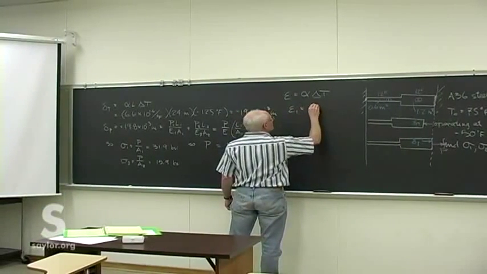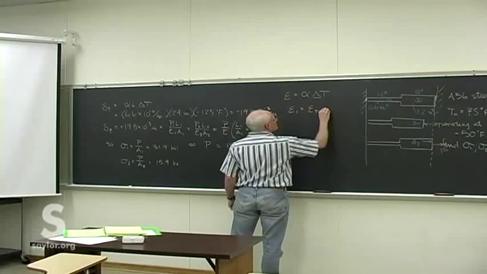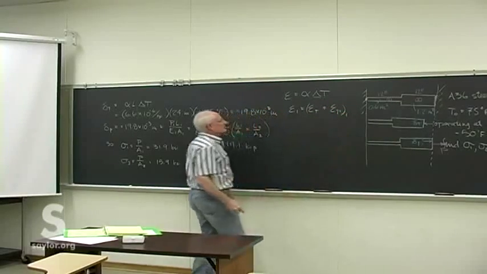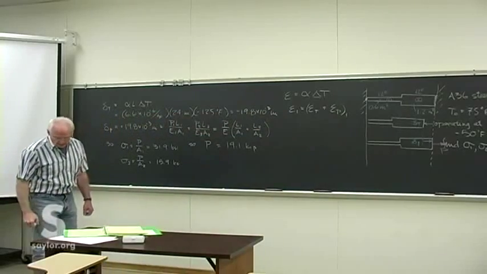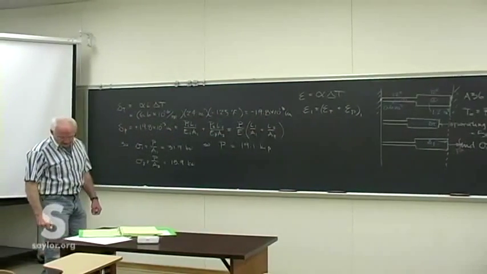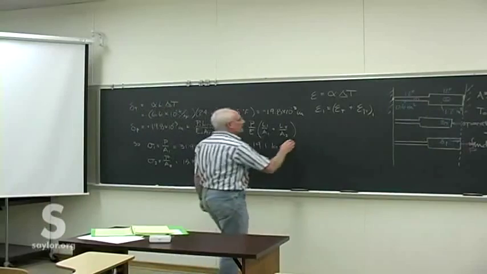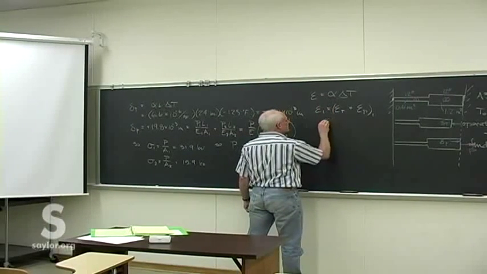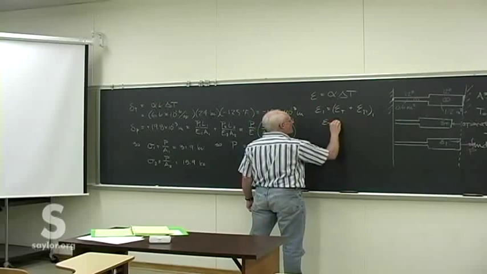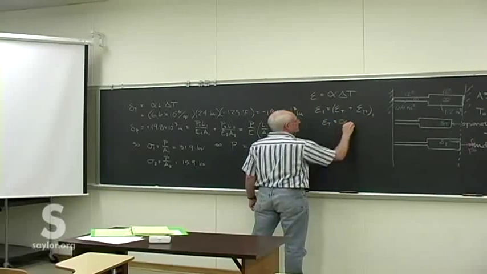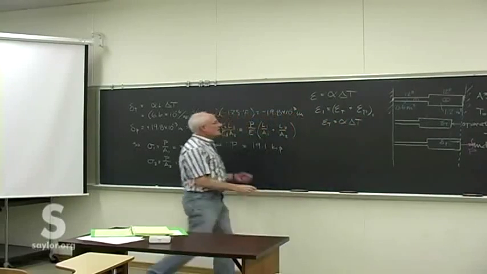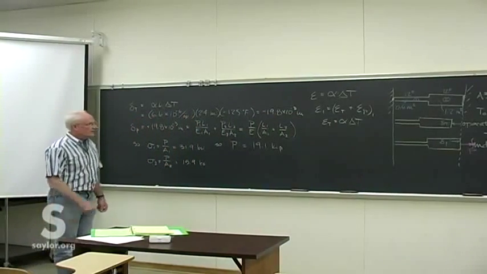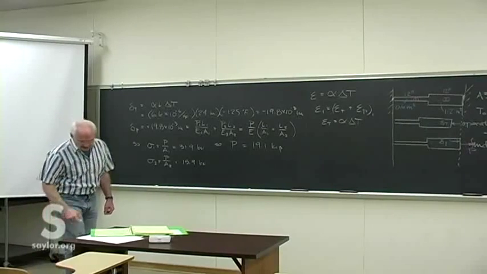For each piece, it's the thermal strain plus the mechanical strain. So for the first piece, it would be just that, and we can find this from our regular type calculations. That'll give us the thermal strain. And you notice it's going to be the same for both of them, for both section 1 and section 2.